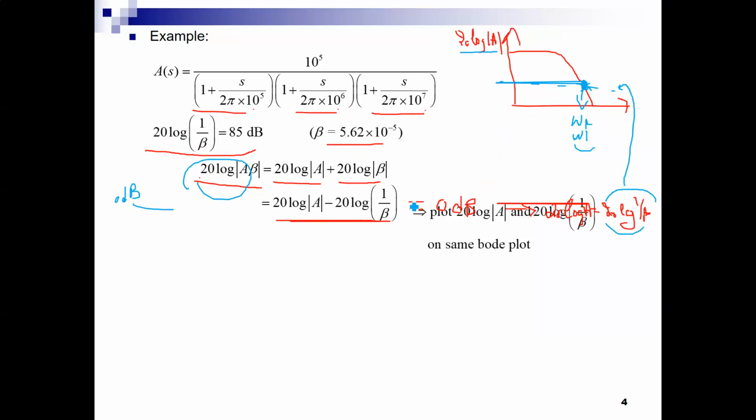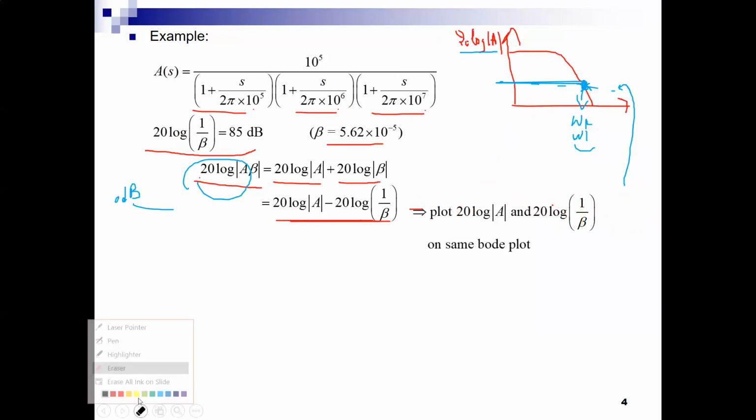Okay. So let's finish this slide. What it's telling us now, first, we already know how to do it from the Bode plots from before. 20 log 1 over beta on the same plot.